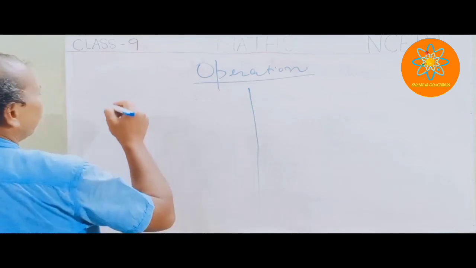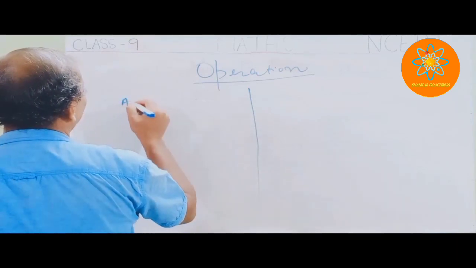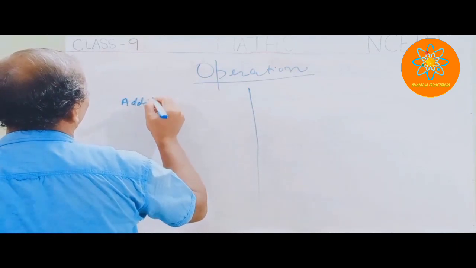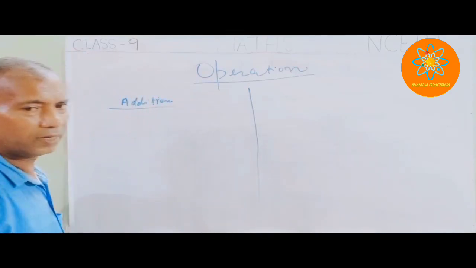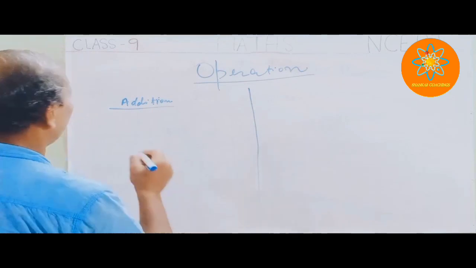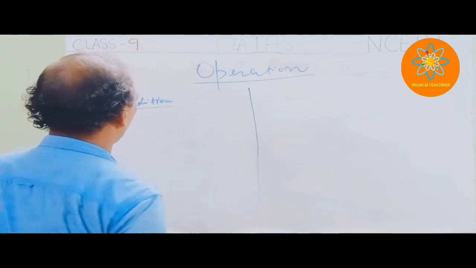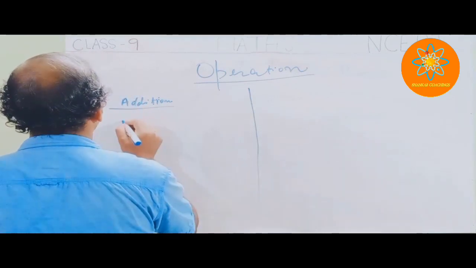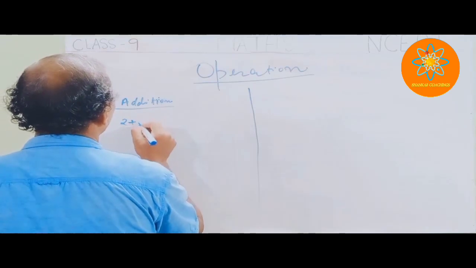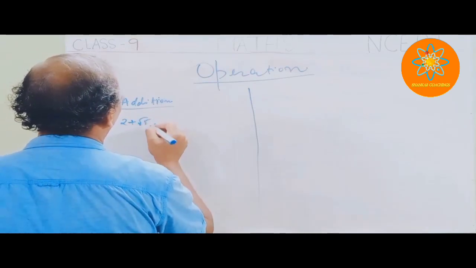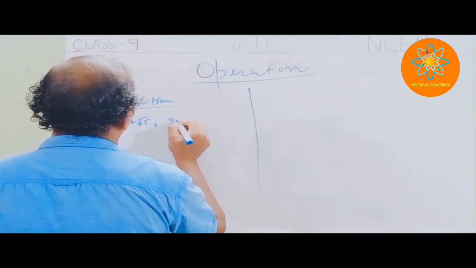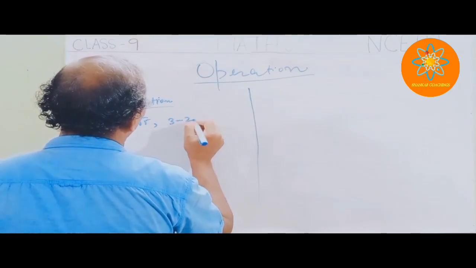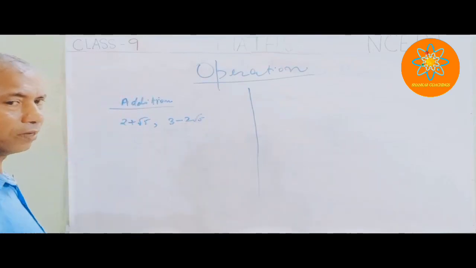Let's suppose I am taking, first of all, the case of addition. In the case of addition, let's suppose I have 2 irrational numbers, 2 plus root 5 and 3 minus 2 root 5. Let's suppose I want to add them.